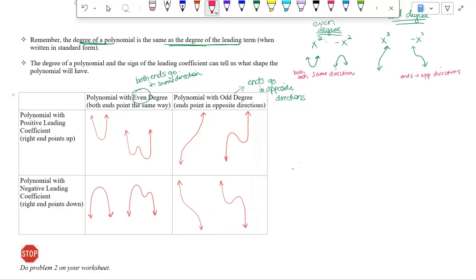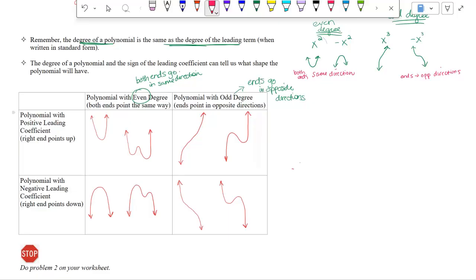Now, if we look at polynomials that have an odd degree, we've already said that the ends are going to go in opposite directions, just like we saw with x cubed. So here, if you have a positive leading coefficient and an odd degree, your graph is going to be increasing or positive going from left to right, and we see our graph is going up.